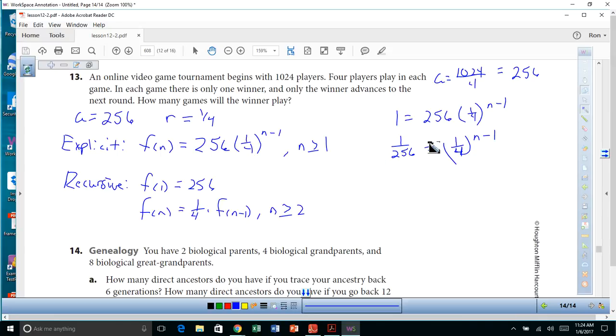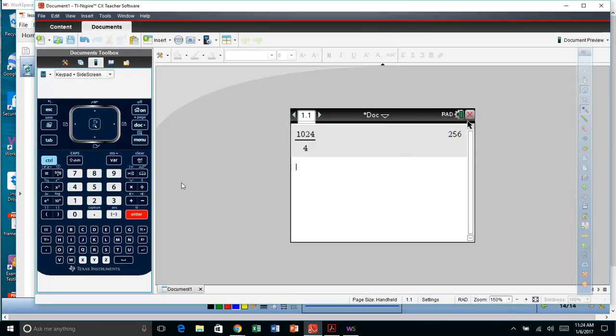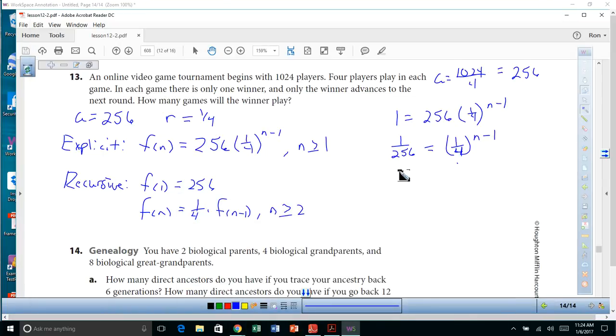Okay, now let's see here. 1/4. Let's see, 4 times 4 is 16, 64. I think 4 to the 4th power is 256. Okay. All right, so 1 over 4 to the fourth power equals 1/4 to the n minus 1.